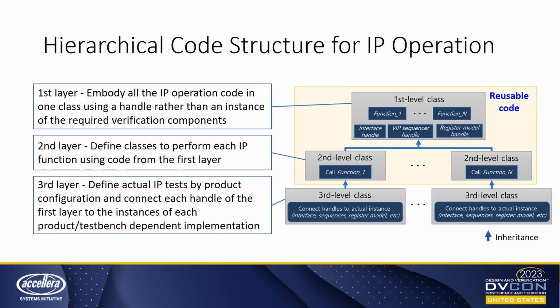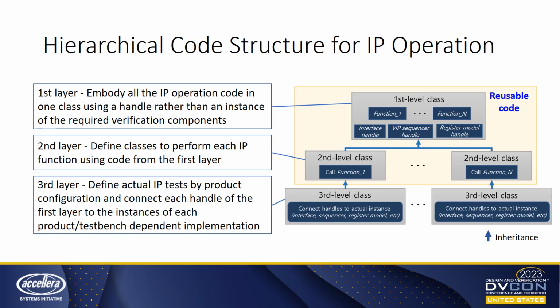Regarding the hierarchical code structure for IP function operation, we define 3 layers. The first layer has one class. The class contains all IP operation code using a handle rather than an instance of the verification components. The second layer has as many classes as the number of IP functions.